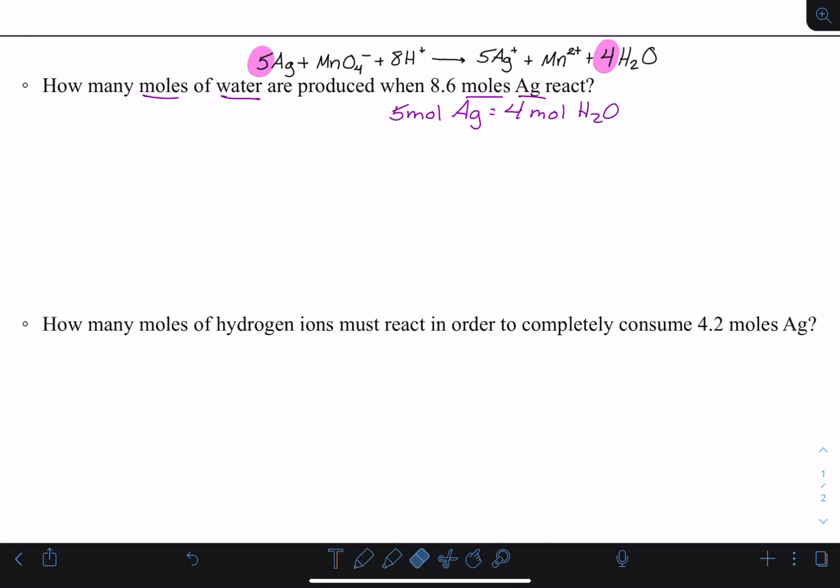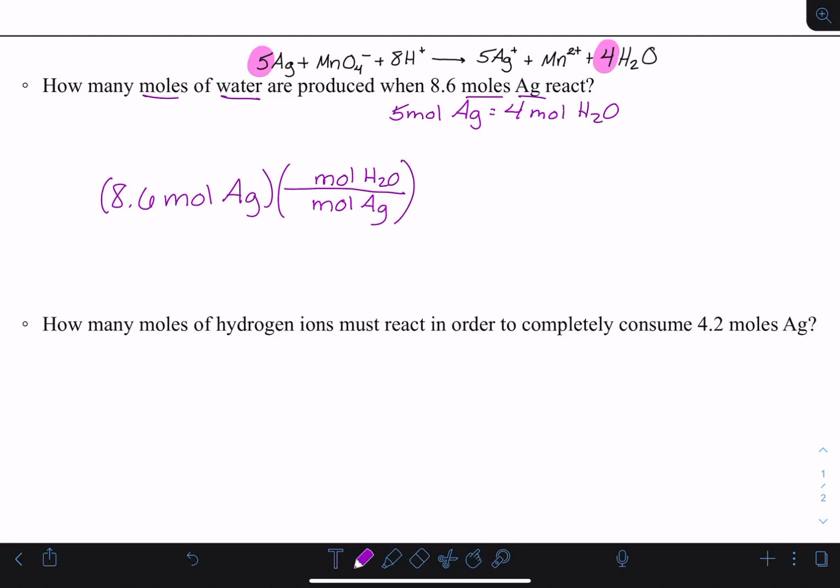And now we're told that we're starting with 8.6 moles of silver. So to cancel that unit, moles of silver needs to go on the bottom of our conversion factor. We're looking to convert into moles of water, so that's going to go on the top.